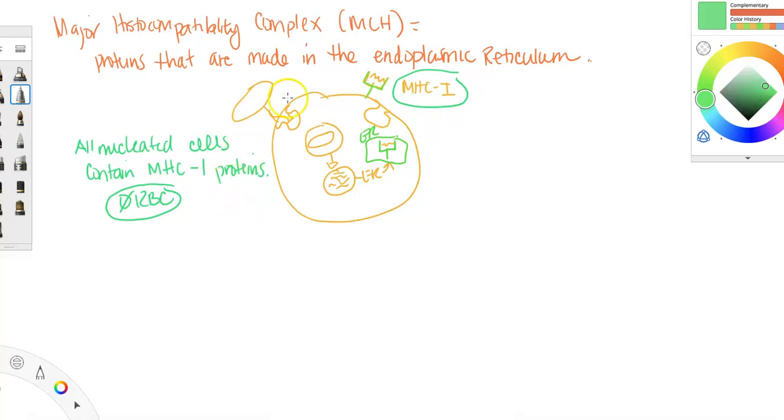There is another MHC. The other MHC is MHC2. And MHC2 platforms are extremely important in the acquired immune system.